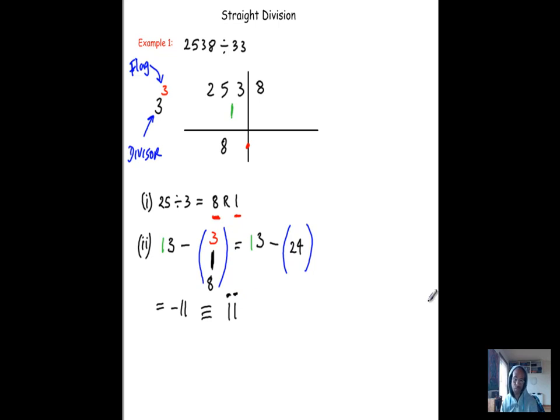Okay. This is another way. I don't like the way I've written that, to be honest. That minus 11 can be written. These 3 bars here mean equivalent in this case.